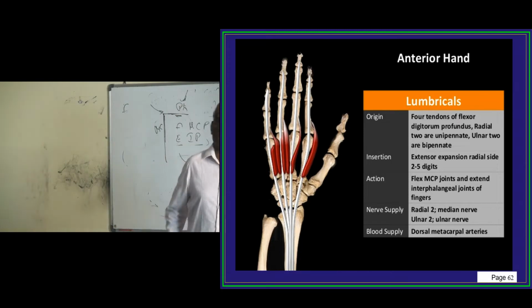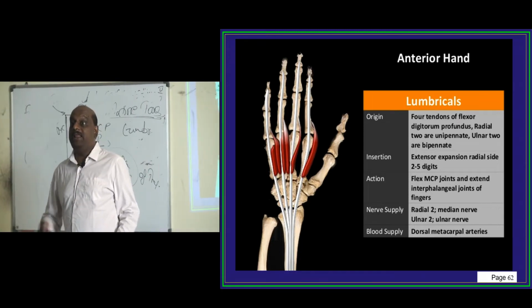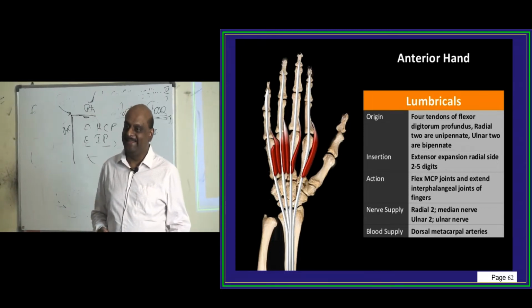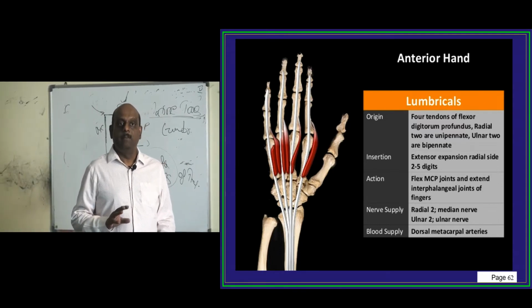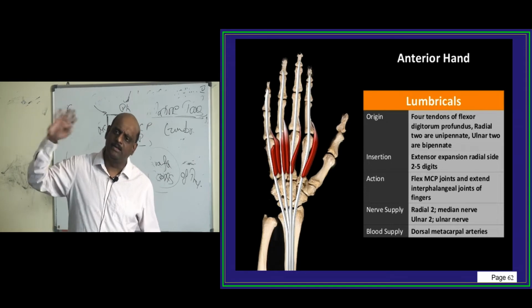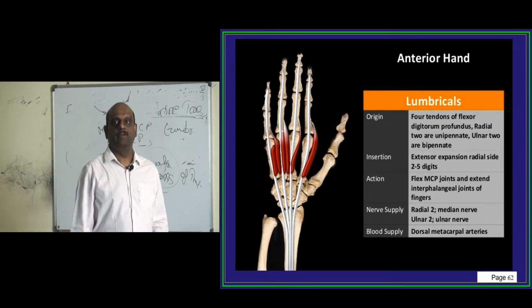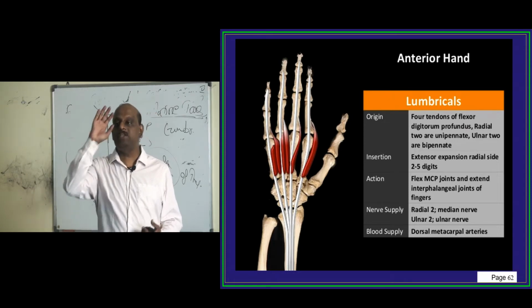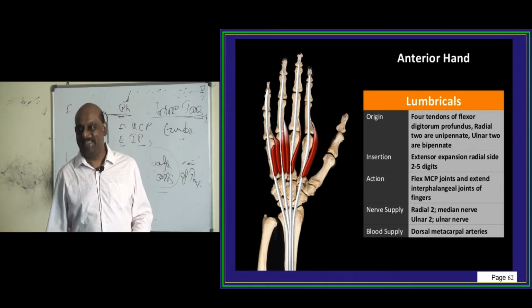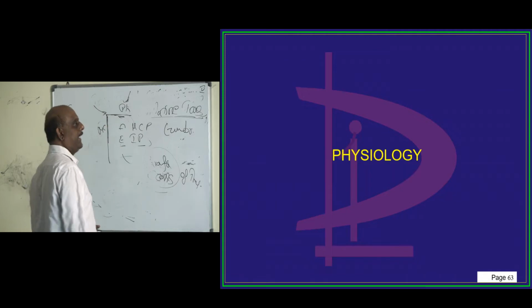That is a point you need to remember. Whereas interossei also do a similar function like lumbricals. But all interossei, dorsal and ventral, palmar interossei, all of them are supplied by the ulnar nerve. That is a point you need to appreciate.